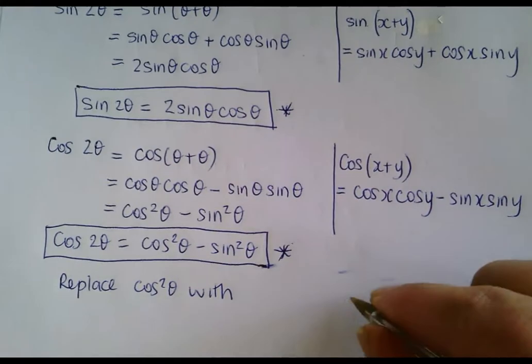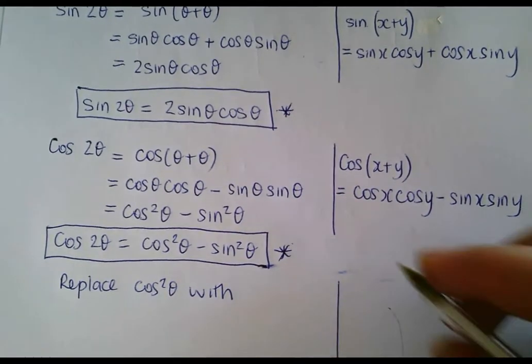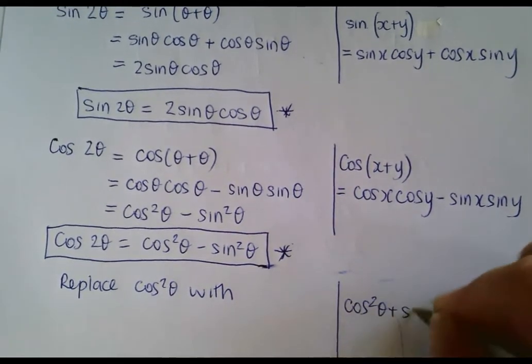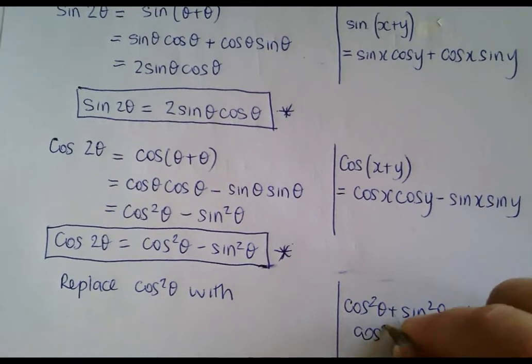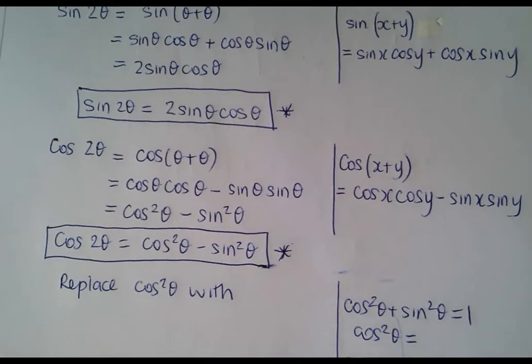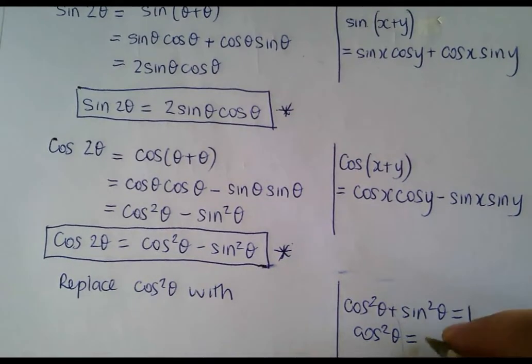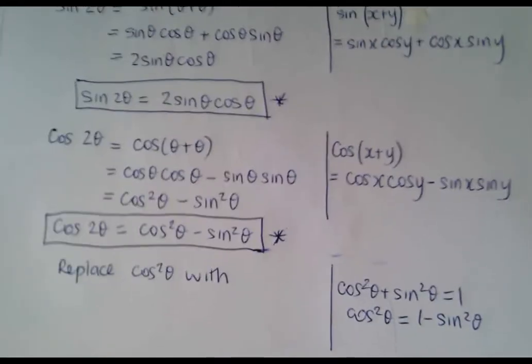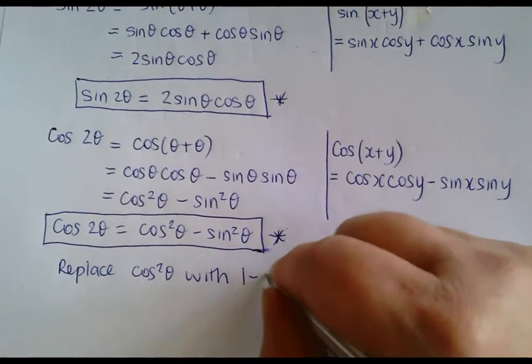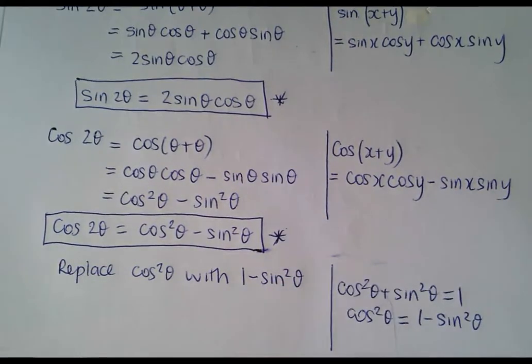I know over here on the side that cos squared theta plus sine squared theta equals 1. So what's an expression for cos squared theta? Isn't it 1 minus sine squared theta? So if I replace cos squared theta with 1 minus sine squared theta, I come up with another double angle result for cos 2 theta.